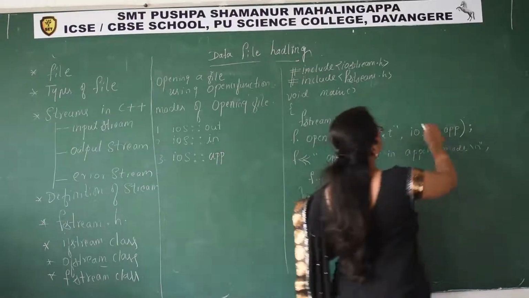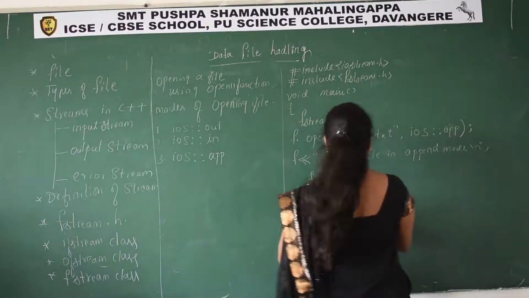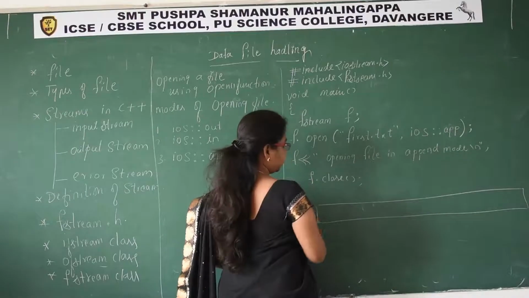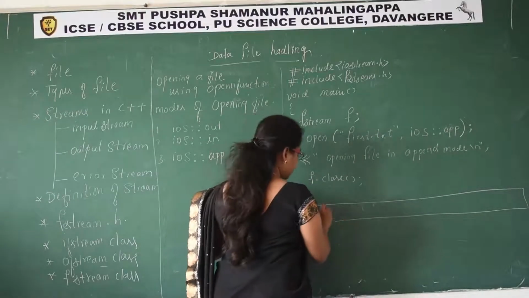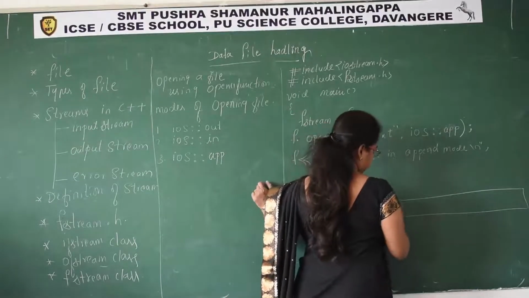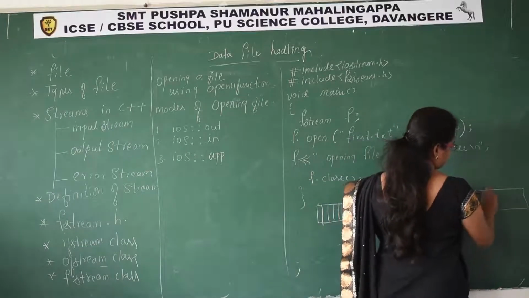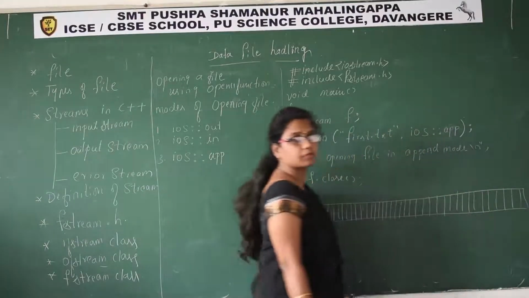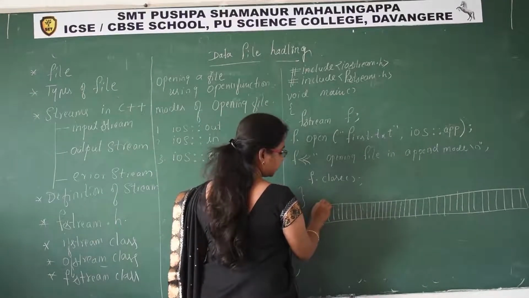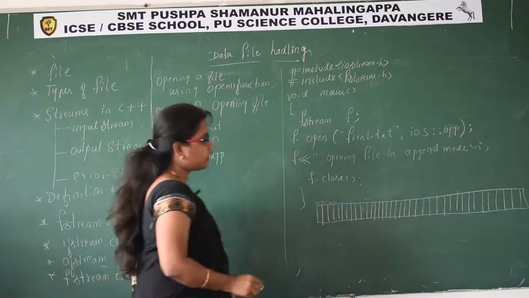So assume this is your file, a line of your file. Let us consider the addresses 100, 101, 102, 103 like that. So what was there in the file? First.txt.